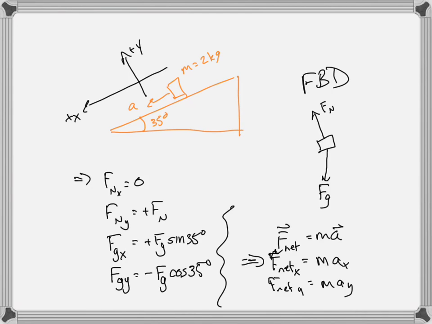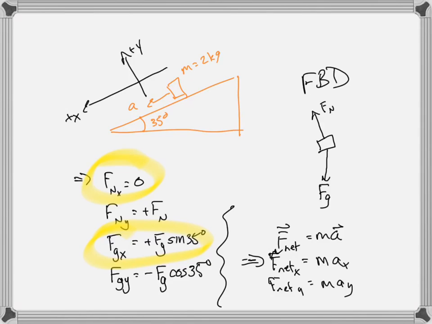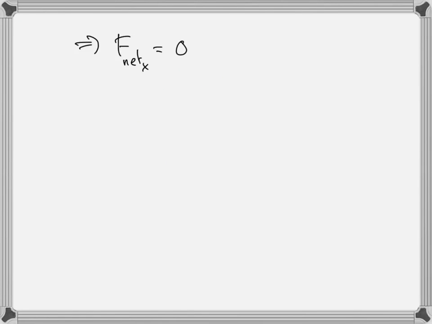So now it's a pure plug-in, and we say, okay, in the x direction, what do we have? In the x direction, we've got that and that for our forces. So therefore, F net x, the net force in the x direction from the free body diagram, tells us it's nothing for the normal force, and Fgx, which is Fg sine 35 degrees, and that equals m a sub x.